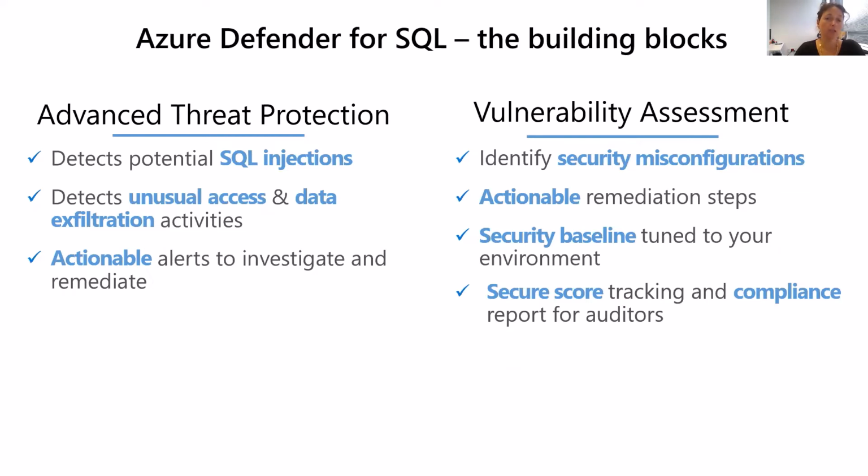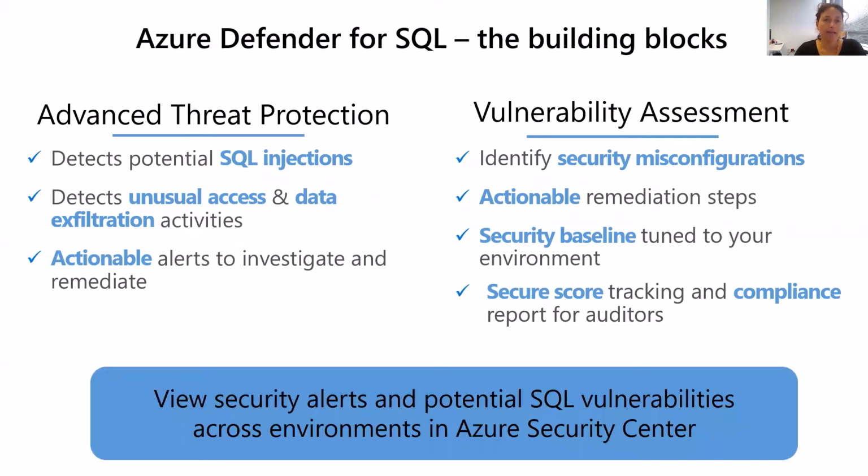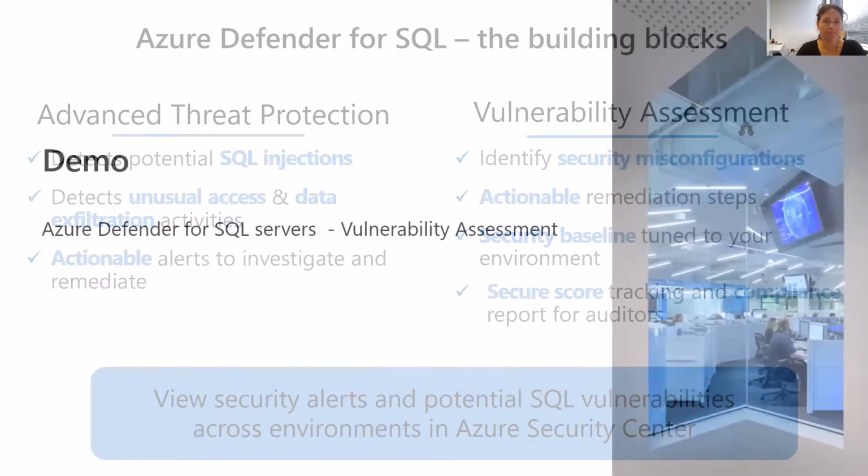The scan results include an overview of each SQL server's security state and details about each security finding, including a remediation script where applicable. Again, with Azure Security Center, you can see both alerts and misconfigurations for prevention and mitigation in one place for all of your protected SQL resources.